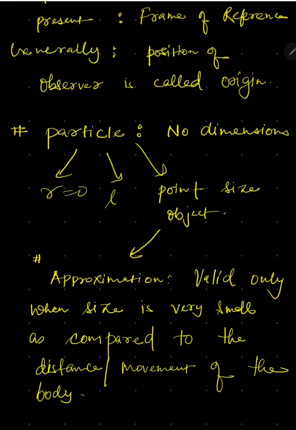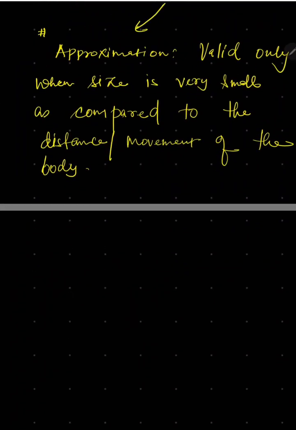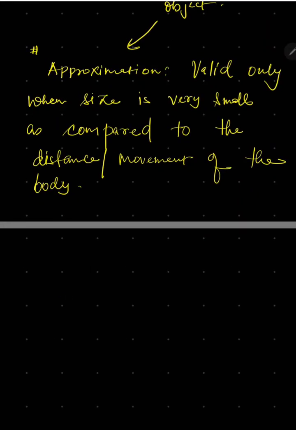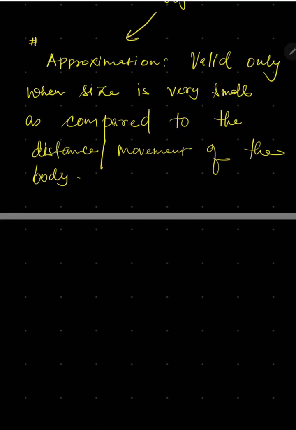Like a train compartment moving between two stations. The distance between the stations is very much larger as compared to the compartment. You may call the compartment a point object.